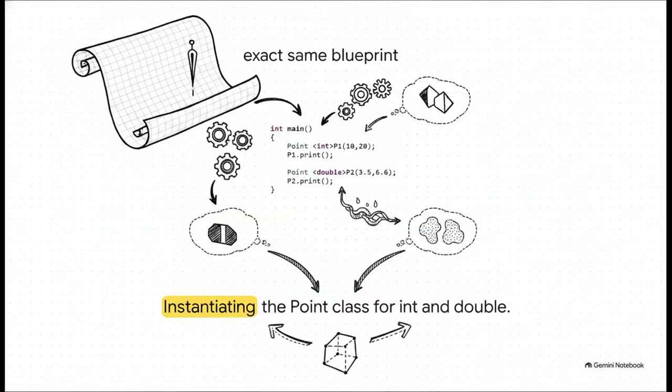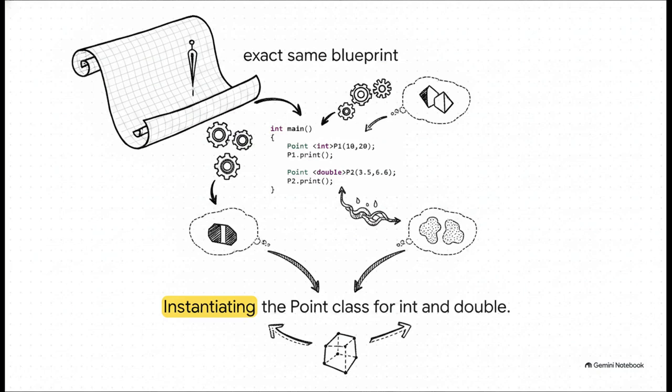Now, when we actually go to use this generic class in our main function, we just have to tell the compiler what T actually is. First, we spin up an object called p1, and we literally just tell it in those angle brackets, hey, make this an integer point. Then we make a p2 object, explicitly saying it's a double point, and we pass in 3.5 and 6.6.